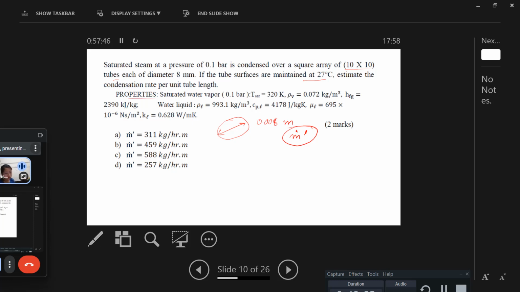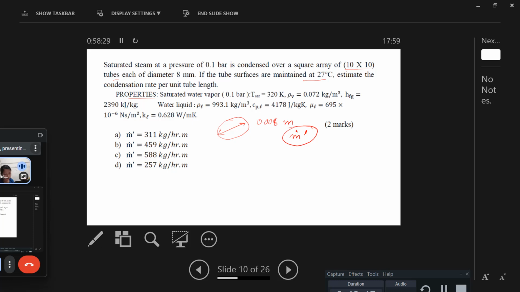Now the properties are given for saturated water vapor and liquid water. So just like the previous questions, we start with assuming laminar flow; we can also assume by ourselves. Suppose it is laminar, then we can consider the same equation for h_D, the heat transfer coefficient.